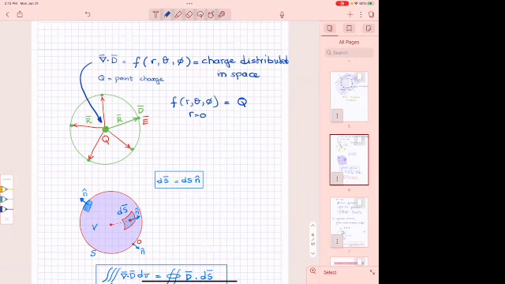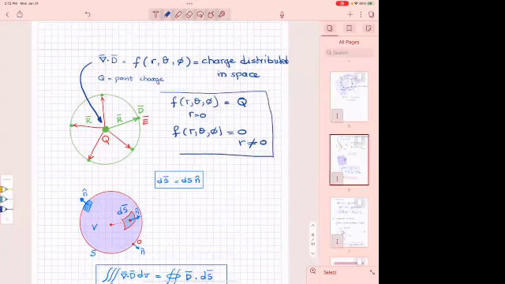If R equals 0, then you collapse to the center of the coordinate system. And F of R, theta, and phi is 0 everywhere else, for every R which is different than 0. That is important to remember because this is how we define a point charge. The charge is at one point and is 0 anywhere else.